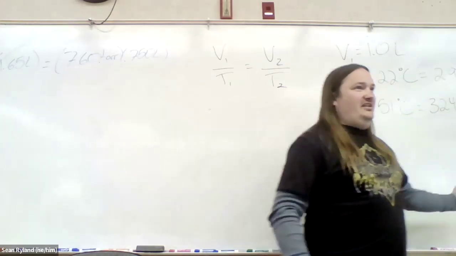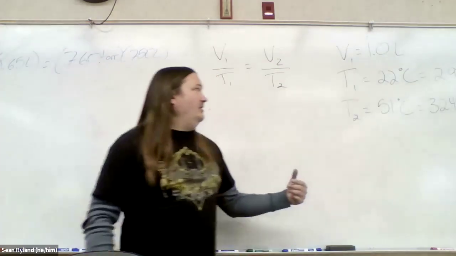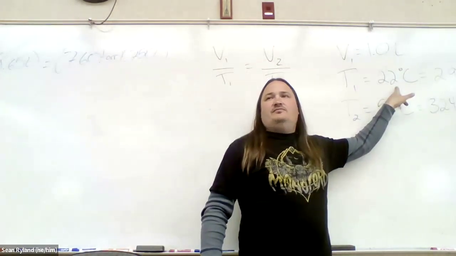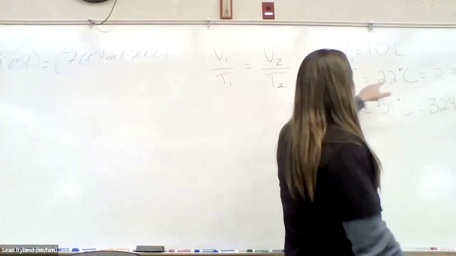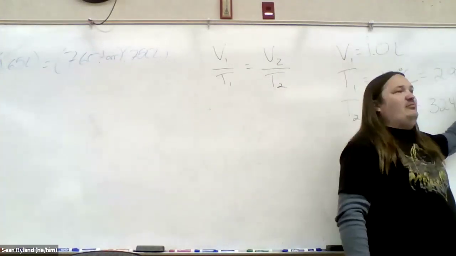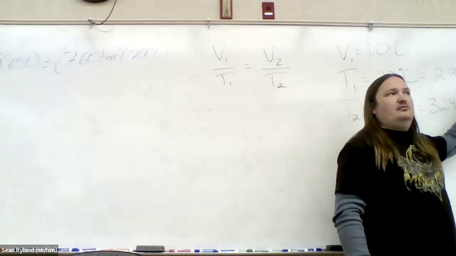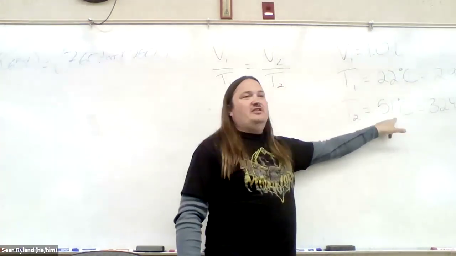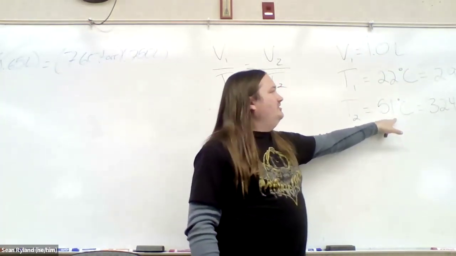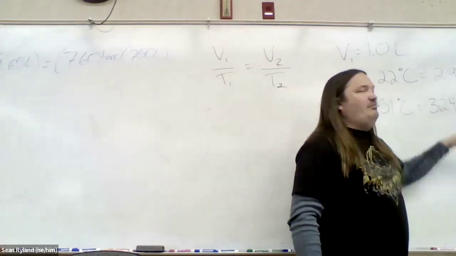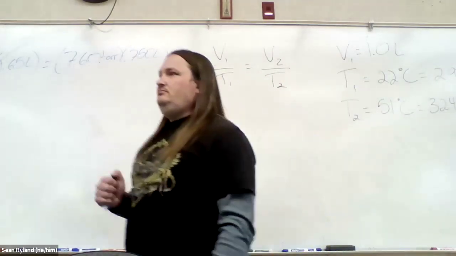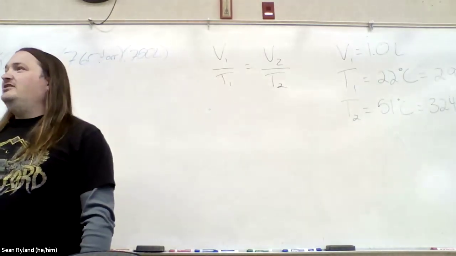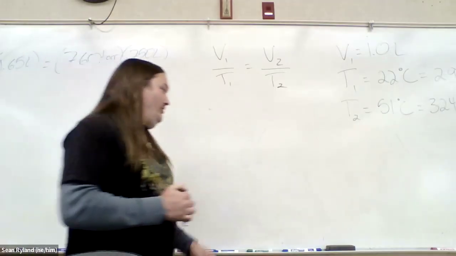We keep the uncertainty the same for addition and subtraction. So 22 Celsius, that's plus or minus 1 Celsius. When we add our 273 to that, we're going to keep it plus or minus 1 Kelvin. 51 is plus or minus 1 Celsius, the way it's written. So our answer in Kelvin is also going to be plus or minus 1. We haven't thought about addition and subtraction sig figs for a few minutes, right? A little bit of a review.